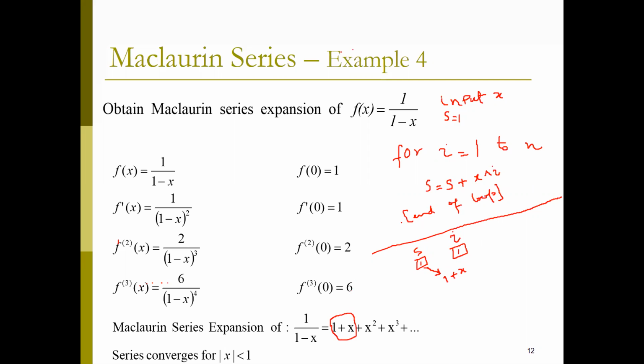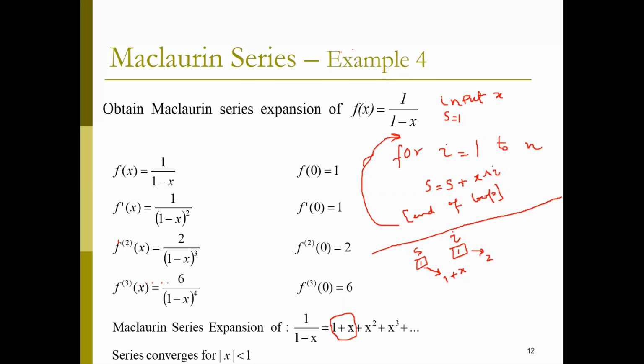If I move to the next value of I, the next value of I will be 2, because 1 with the increment of 1. Then the next statement will become the value of s, and one more term is added, and what is that term?